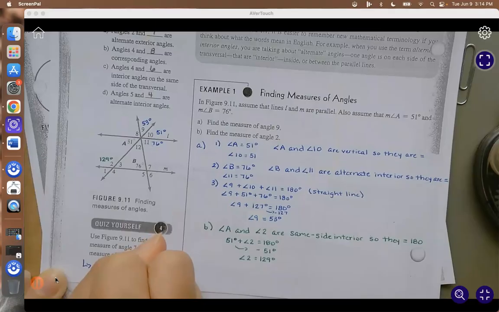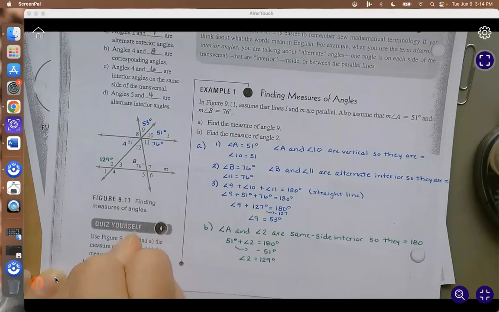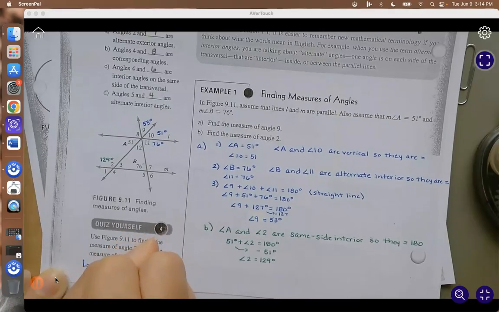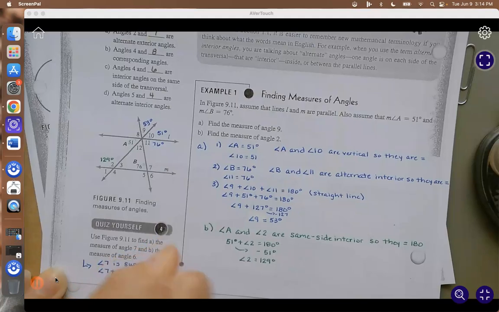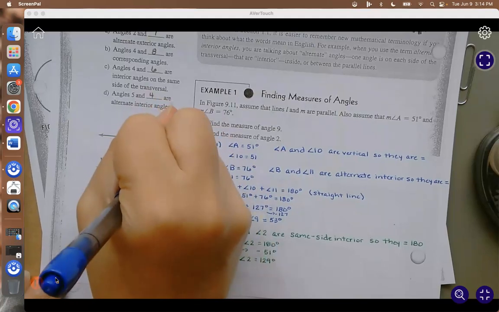We subtract the 76, so angle 7 is 104 degrees.